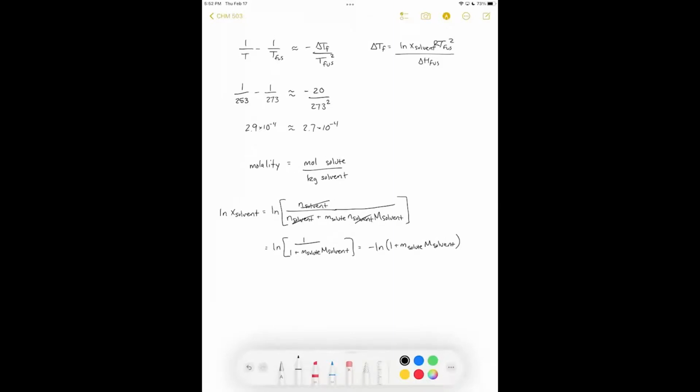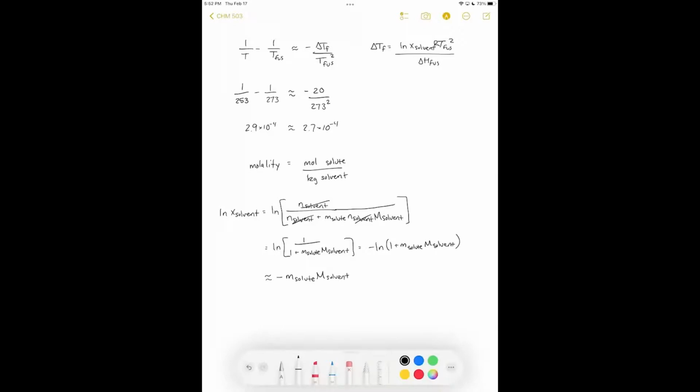We can now use a Taylor series approximation to say that the natural log of 1 plus a small number is approximately that small number. So the natural log of X solvent is approximately the negative molality of the solute times the molar mass of the solvent.